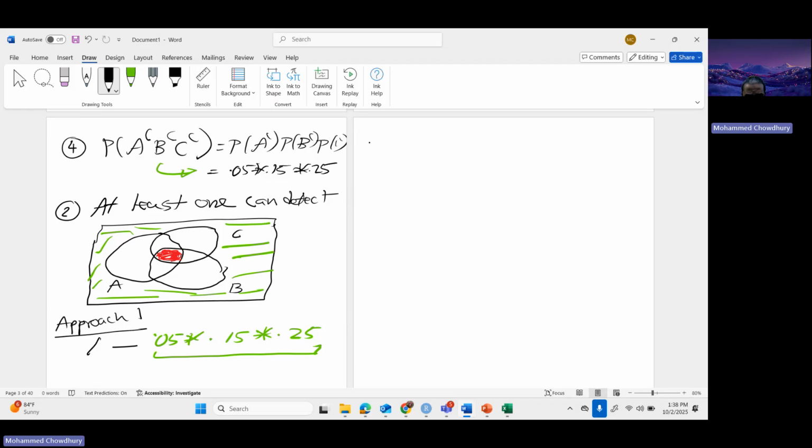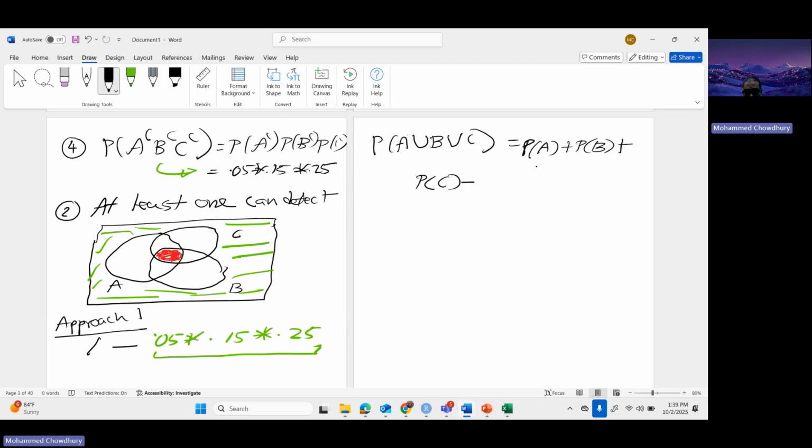Second approach, I want to find at least one unit, which could be done by probability of A union B union C, which could be written as probability of A plus probability of B plus probability of C minus. Okay, take a look at that. Now I ask you to take a look at the board.